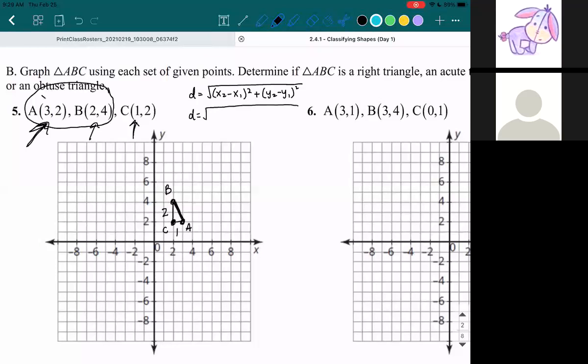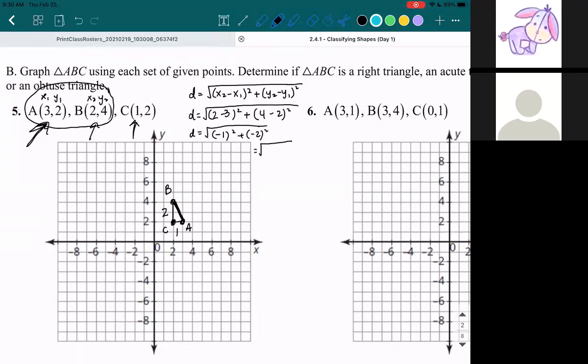Okay, so remember this is your x1, y1, x2, y2. So we have 2 minus 3 squared plus y2 minus y1, so 4 minus 2 squared. So 2 minus 3, that's negative 1 squared. And then 4 minus 2, that's negative 2 squared.